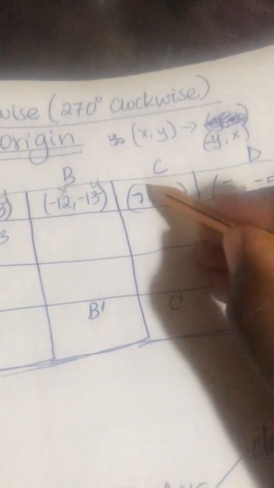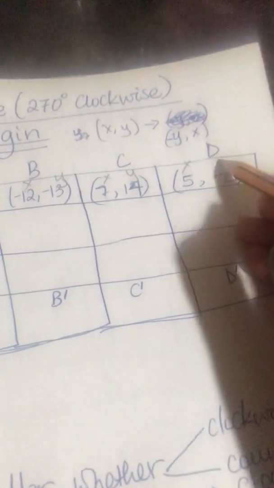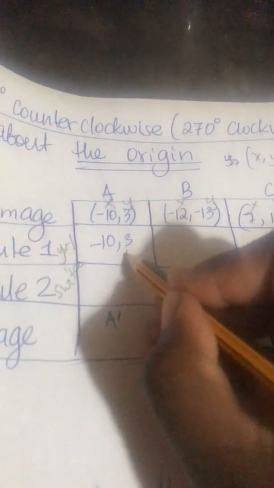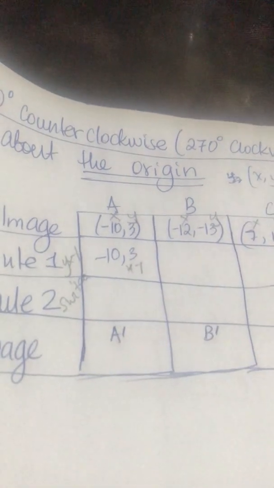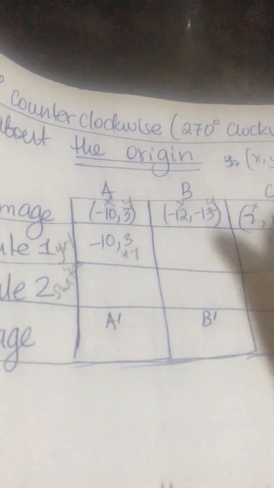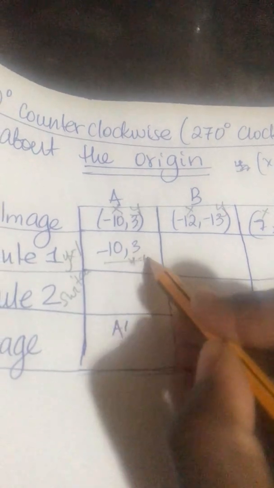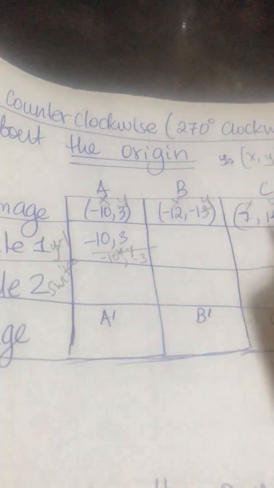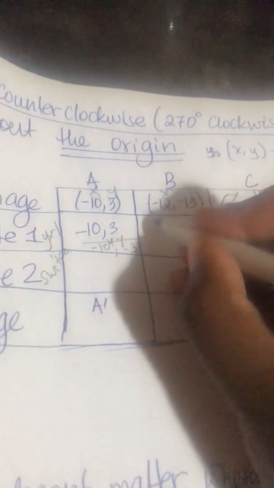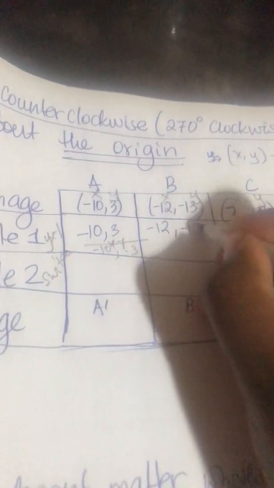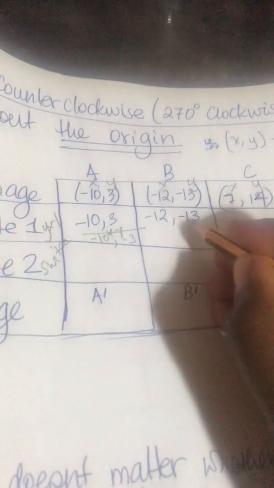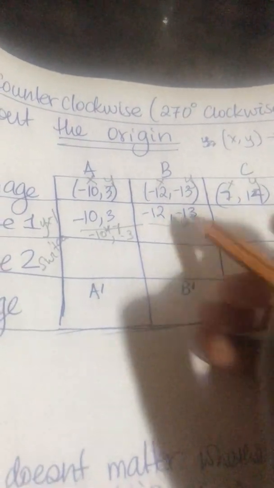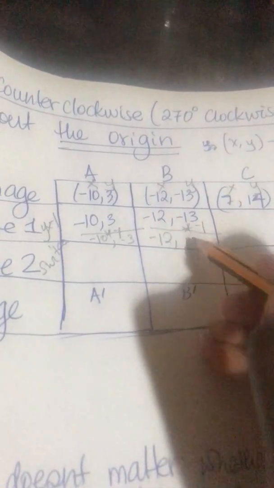Alright, this becomes, multiply this with -1, and then you get what? -10, -3. So here you have -12, -13. Multiply this with -1. You will get -12, 13.